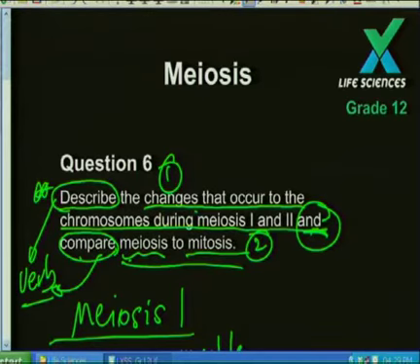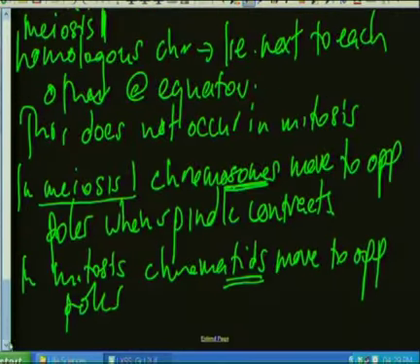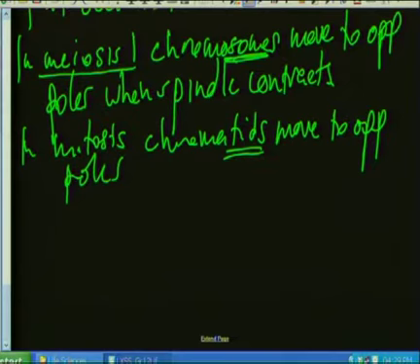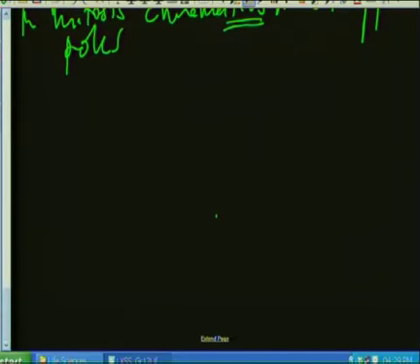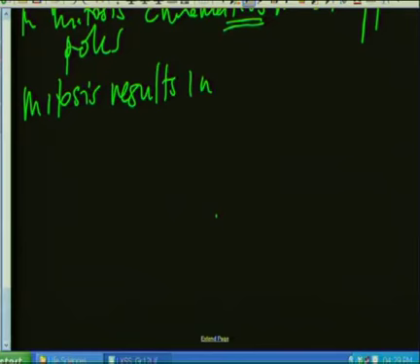Compare mitosis, and so they didn't give you specifics, so you can go to town with this question. We can add to this question, for example, mitosis results in 2 cells.